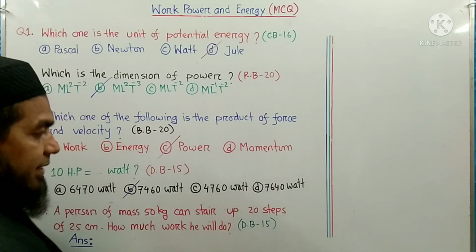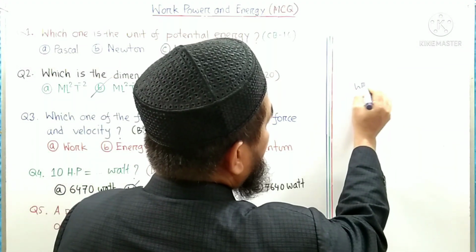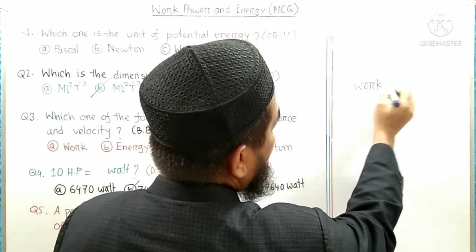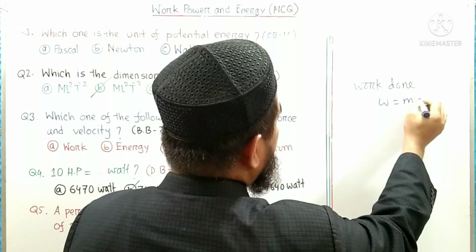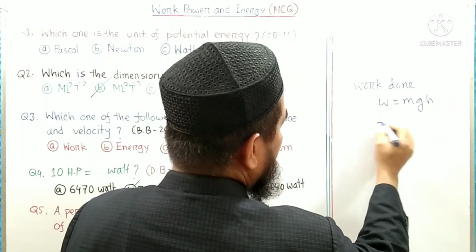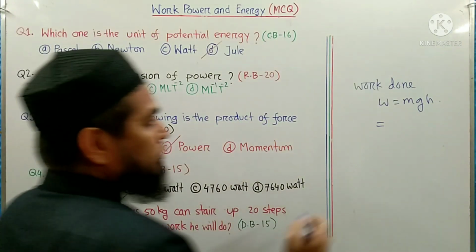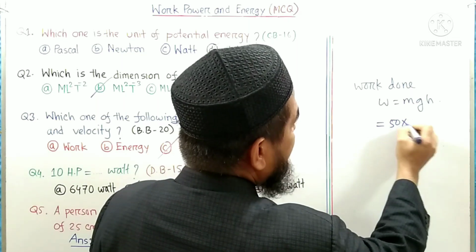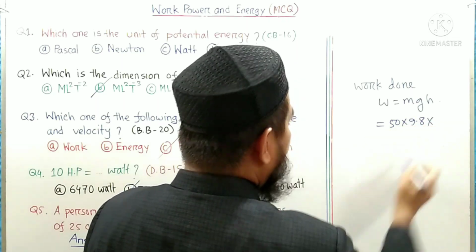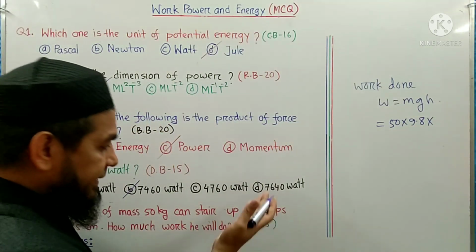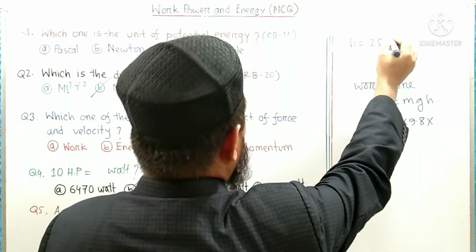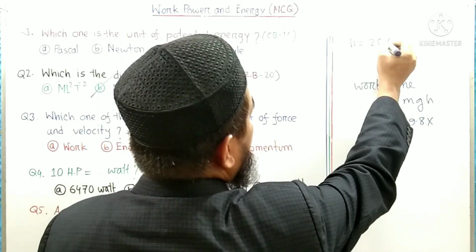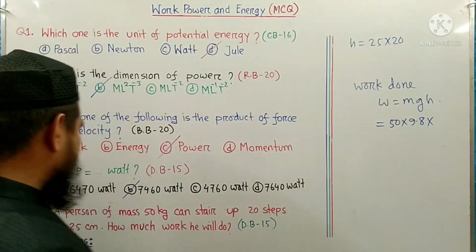So we can write work done W is equal to mgh. So here m is equal to 50, g is equal to 9.8 and h is equal to height, but here h we can write 20 steps.